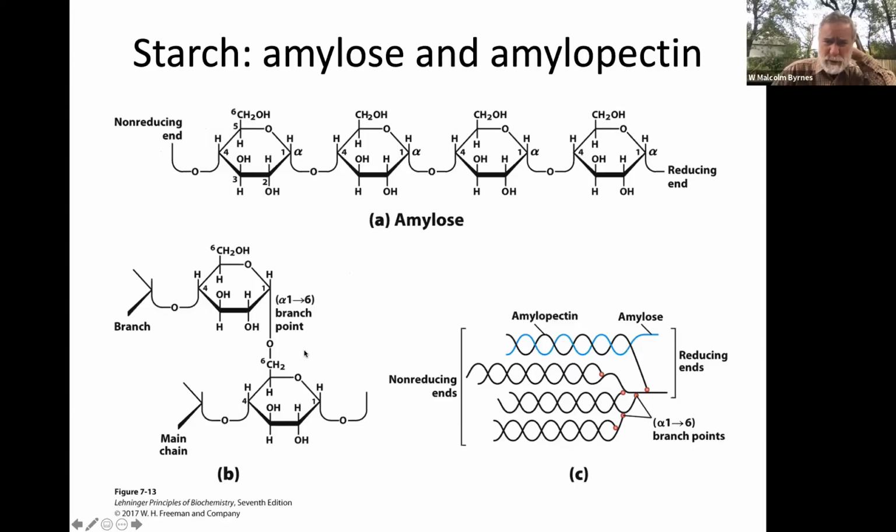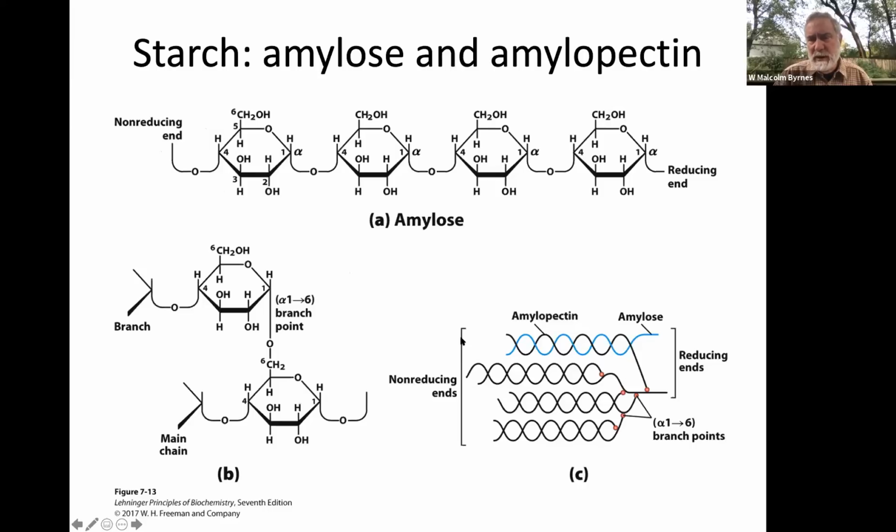You can also look at amylopectin, and in amylopectin, what you have are these alpha-1,6 branch points, where there's an O-glycosidic linkage between carbon 1 and carbon 6, forming a branch point.